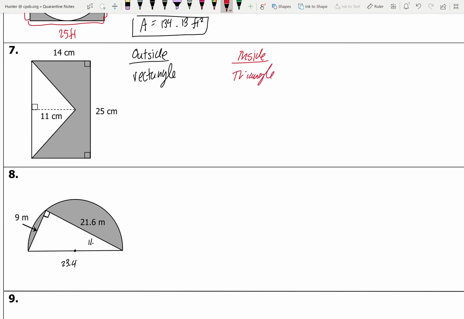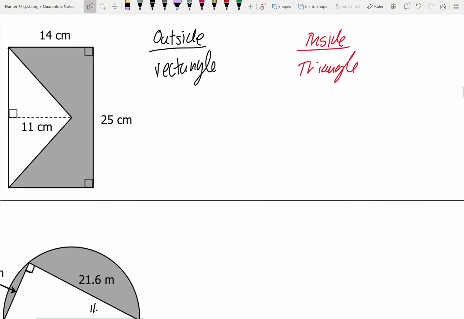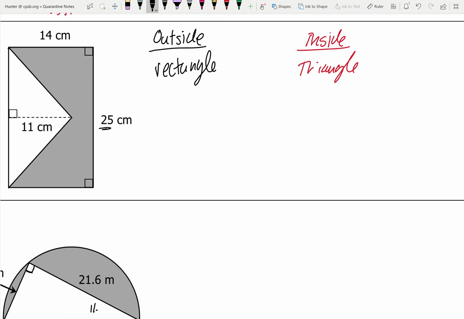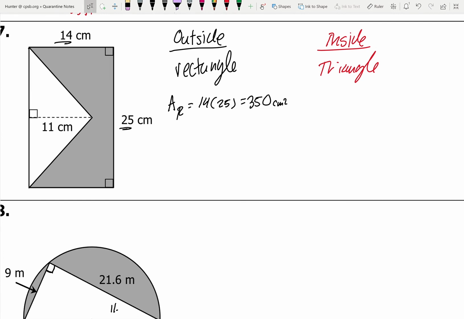So I know I'm going to be finding the area of a rectangle and the area of a triangle. Let's go ahead and find the area of that rectangle. First, the rectangle has length 25 centimeters, width 14 centimeters. So the area of our rectangle is equal to 14 times 25, which gives me 350 centimeters squared.